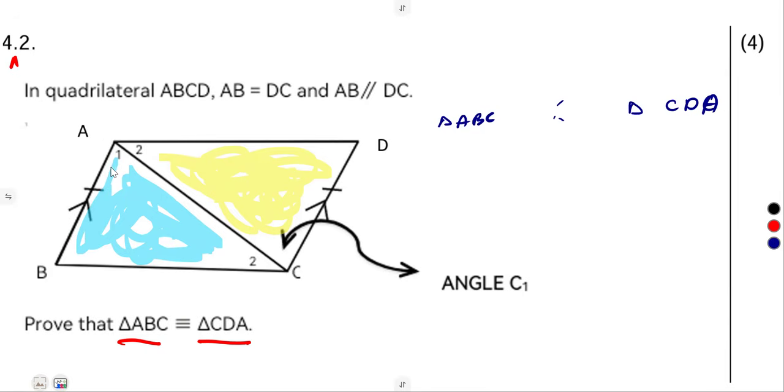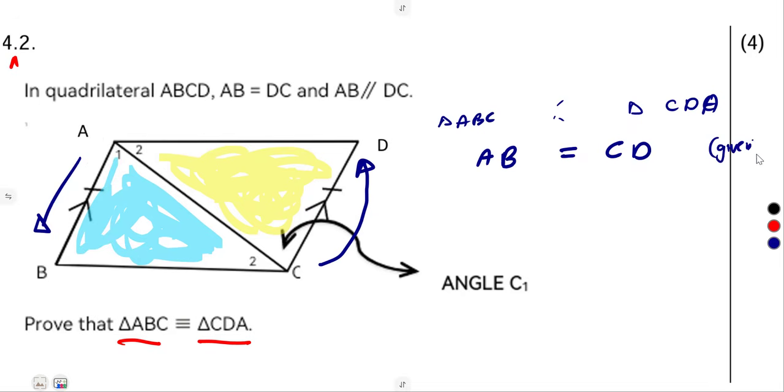We also consider AB, from A to B, and here from C to D. AB is equal to CD. That is given. We are given that these two are equal.